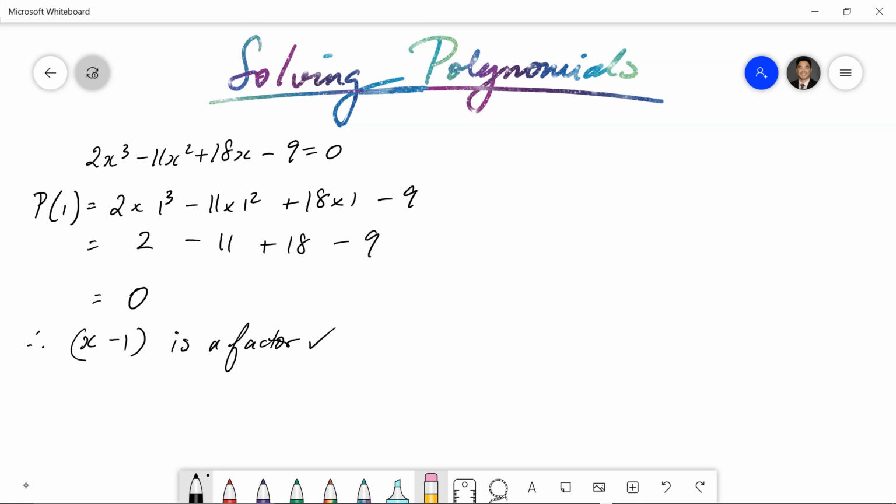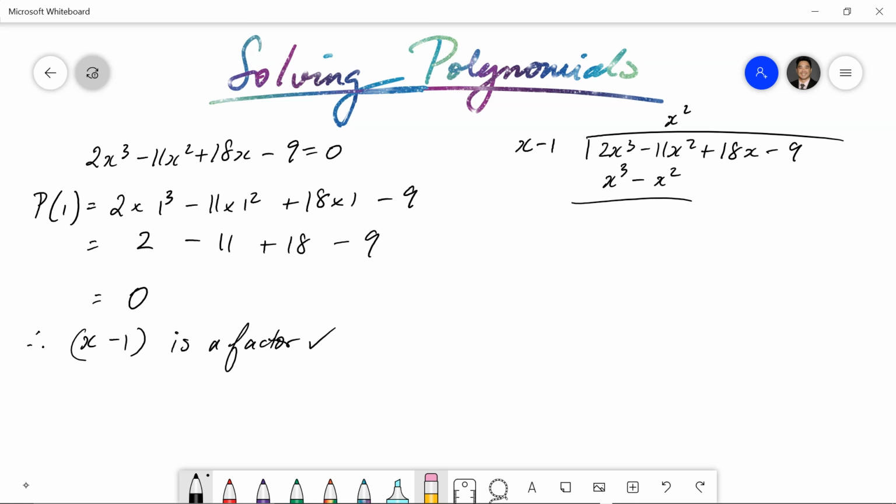Now let's do our traditional division. We've got x minus 1 outside of 2x cubed minus 11x squared plus 18x minus 9. We've got x squared as our first term, so x cubed minus x squared, subtracting.